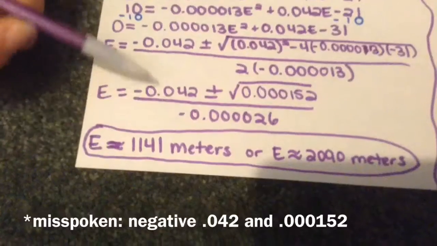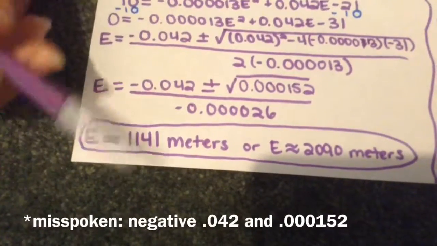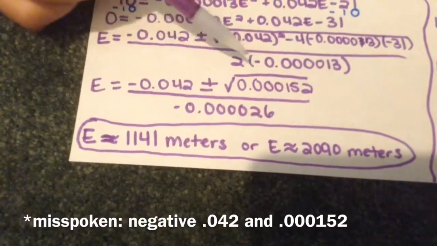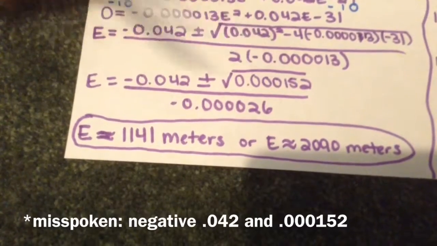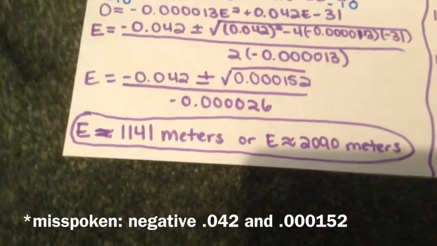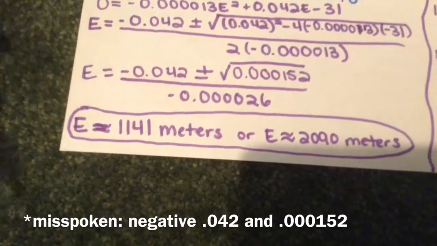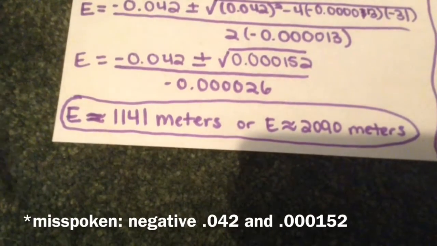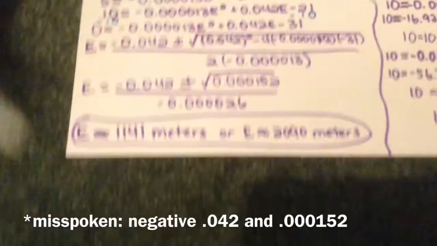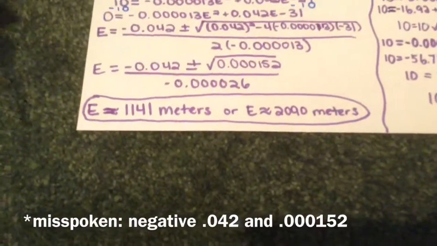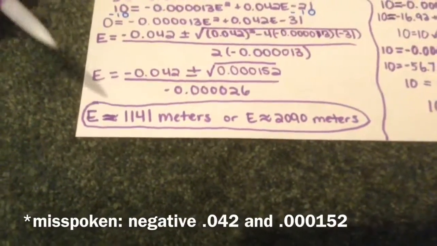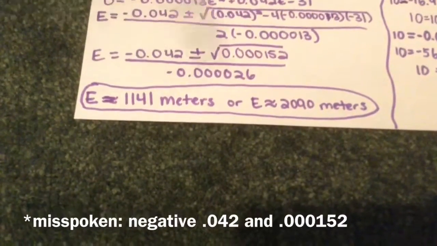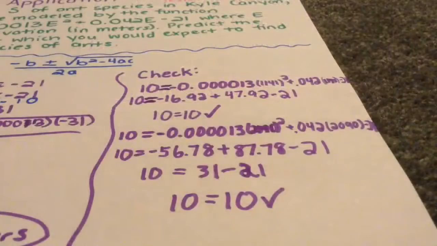And then you will get 0.042 plus or minus the square root of 0.000165, over negative 0.000026. And when you input that into your calculator, you will get the solution set 1,141 and 2,090. So as we've been saying, you always want to check your answers.